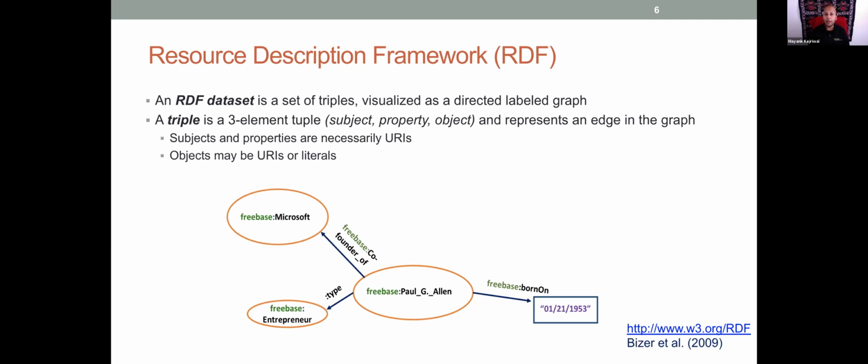And in practice, many of the URIs are URLs. So when you click on a resource, the subject or the property, it will take you to a web page that describes the URL. You can now see how the connection starts becoming more explicit between a knowledge graph and the documents that underlie the knowledge graphs. And in fact, one of the linked data practices is that you should try to publish your KGs in a standard format, such as RDF.